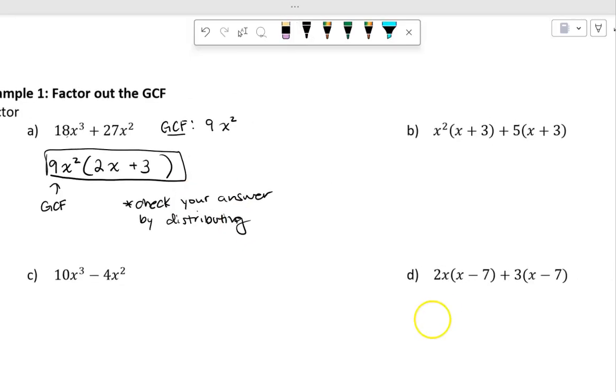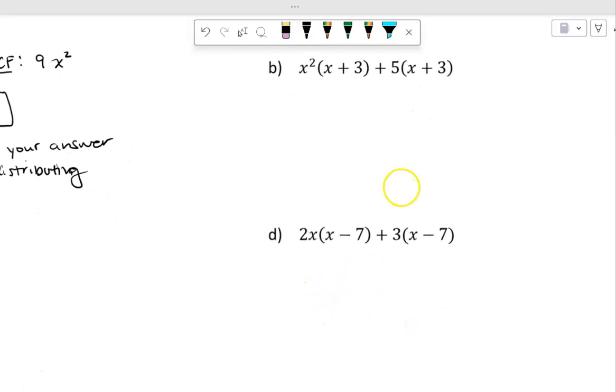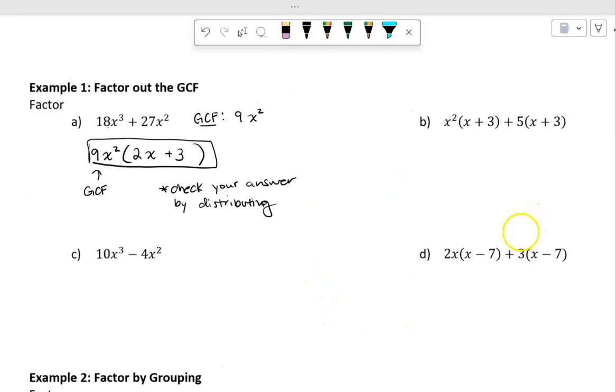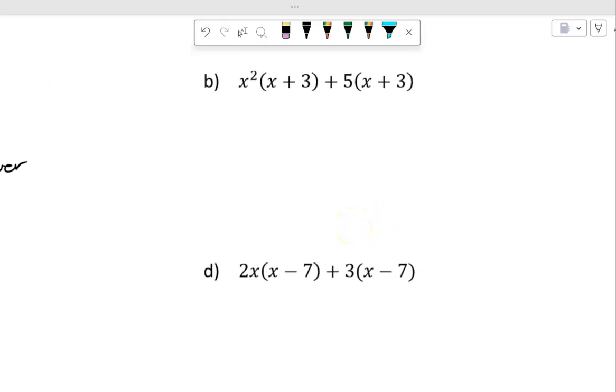Okay, I'm going to do one more example because the other two are for you guys to do. So I'm heading to B, and it looks a little bit different because you do have parentheses here, but there is still a GCF. GCF means greatest common factor, and factor means multiplied. So do you see anything that's being multiplied in common in both halves of this?